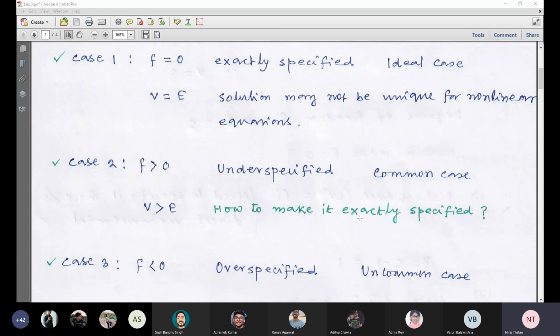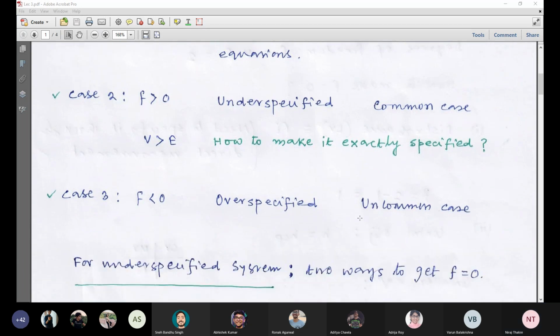Let us finish another case, that is f is less than 0. That means number of available equations are more than the number of unknown variables.